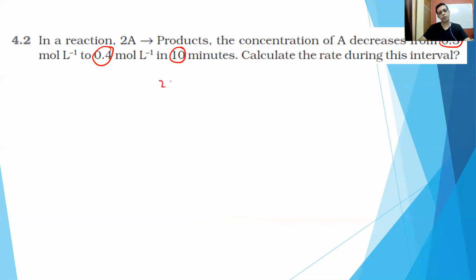So here the reaction is 2A gives product. So how will the rate be written? Rate will be equal to minus half of delta A, change in concentration of A, by delta T. So minus half. What is delta A? Change in concentration of A, 0.4 from 0.5. Time will be 10 minutes.